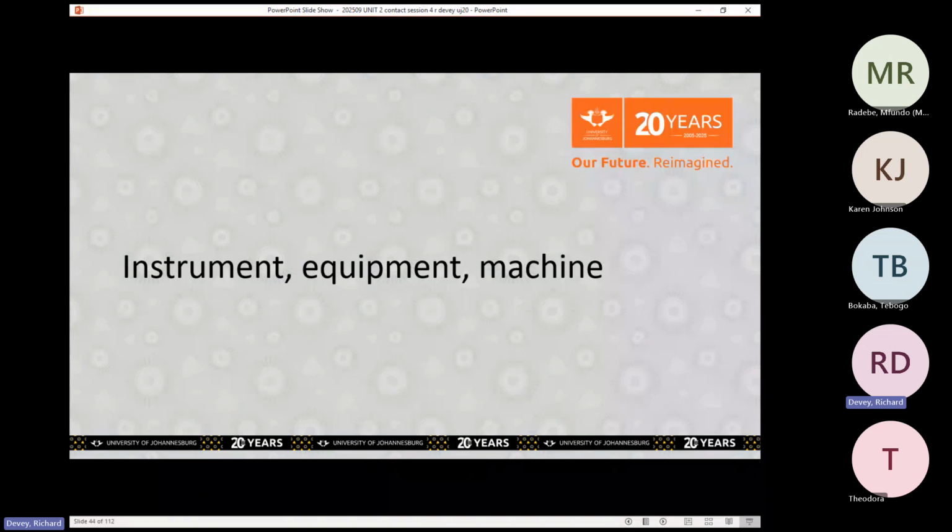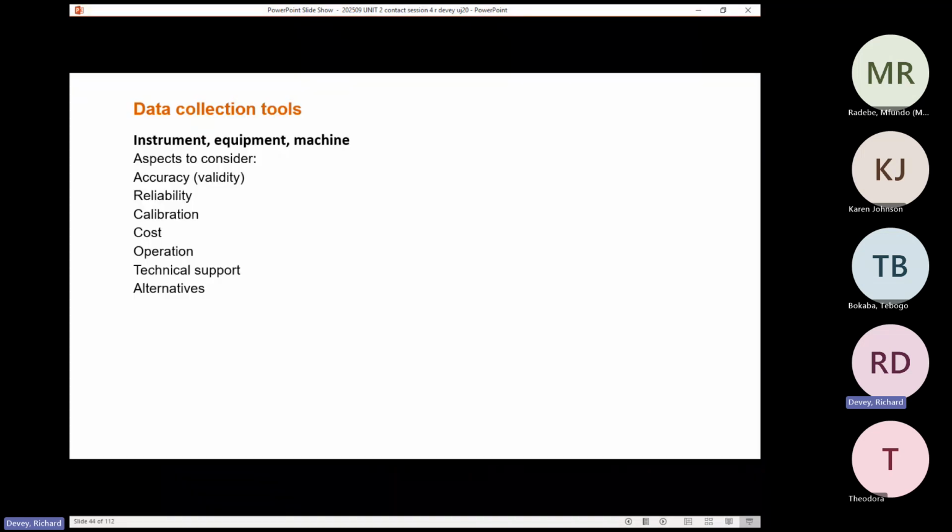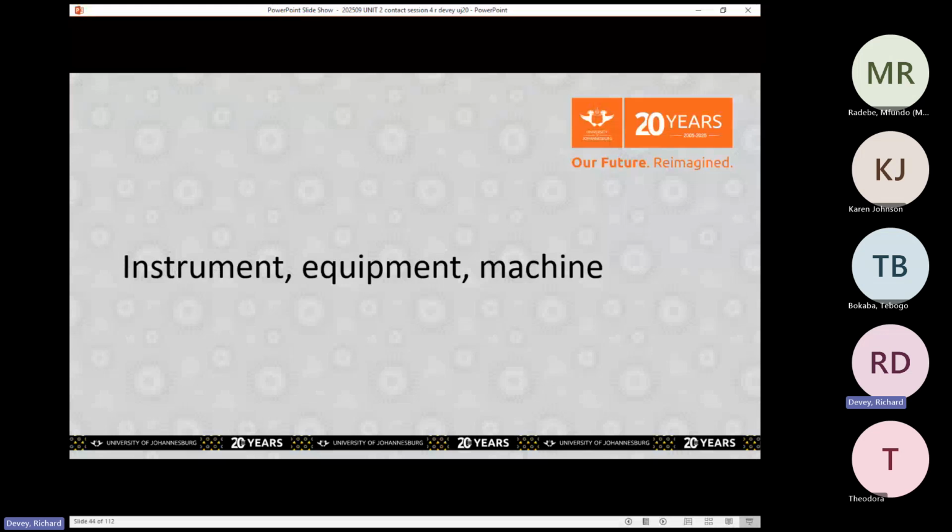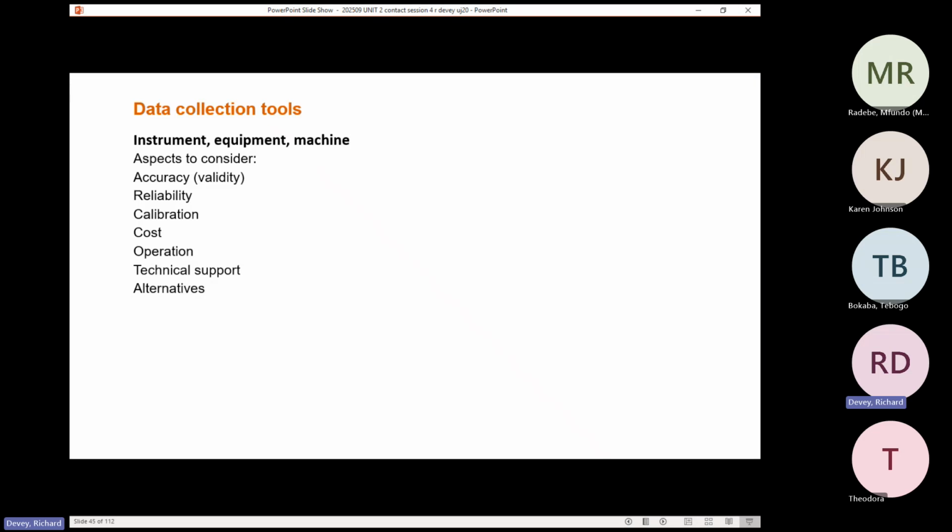Okay, so I'm not going to talk much about instruments and equipment and machines, but just a story about when I first started as a student. I went to one of the first conferences I ever went to. I was doing biology, and another student was presenting a paper, and one of the lecturers was presenting some figures saying that this machine was showing some value or other, and one of the people in the audience said, "But all you're showing there is the baseline of the machine. It's not showing any value."